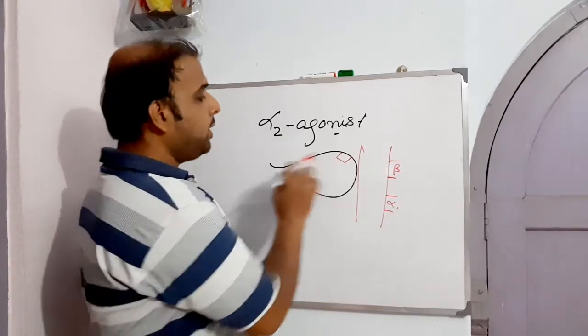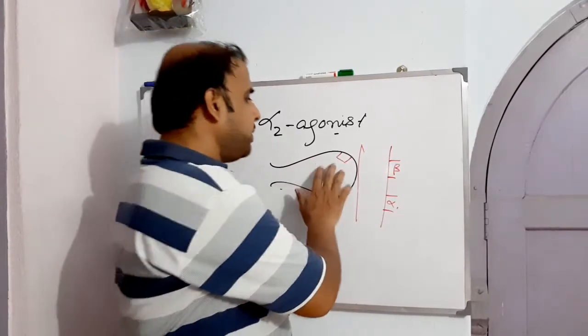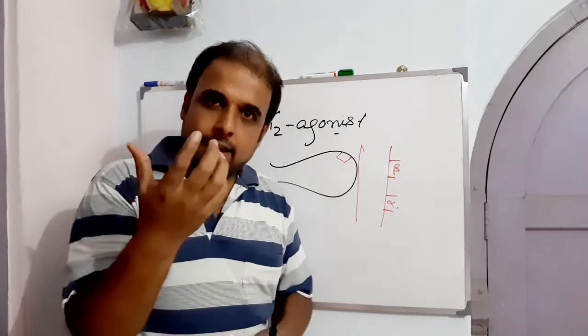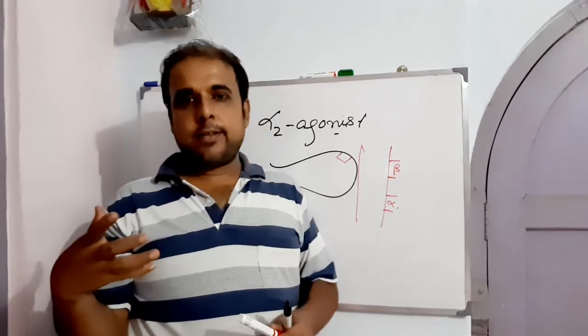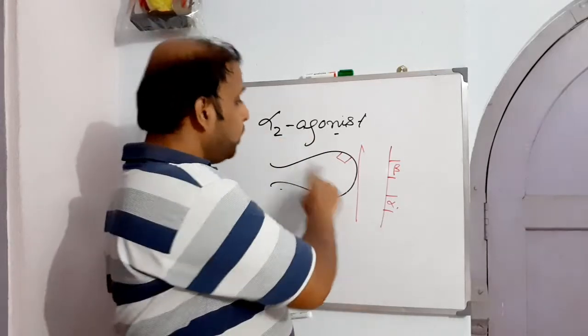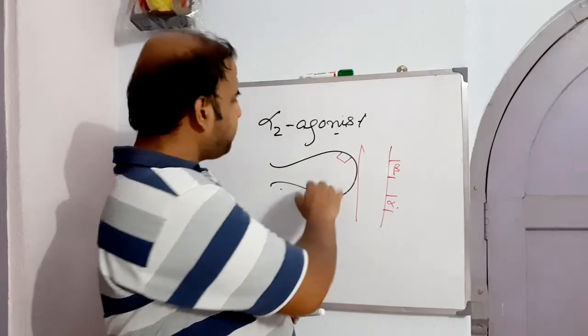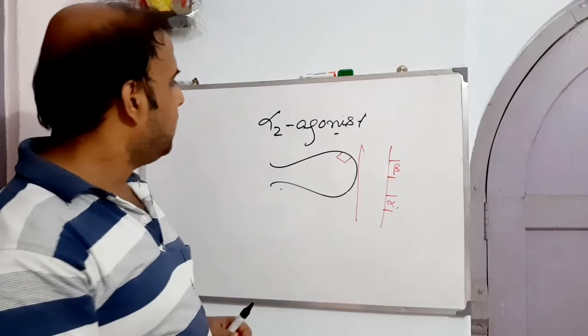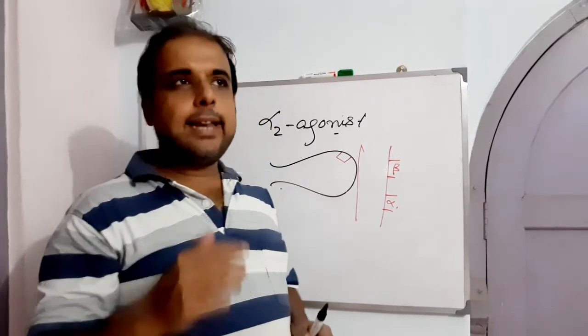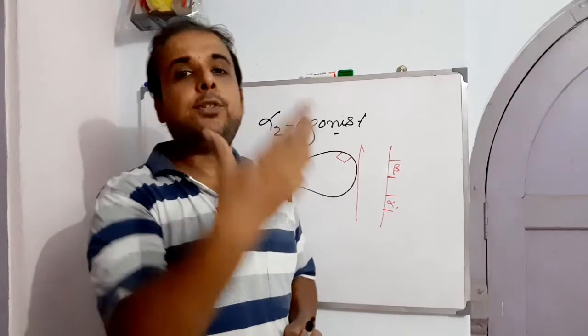So the functioning of the autoreceptor can be exploited in dealing with hypertensive crisis. That is why alpha 2 agonists are mostly used in the treatment of hypertension. Why? Because in hypertension there is an excess release of norepinephrine.